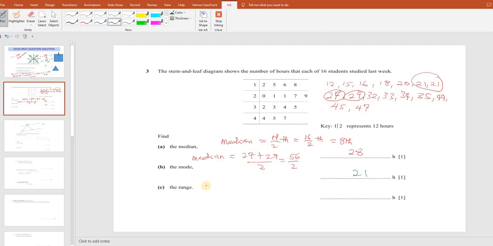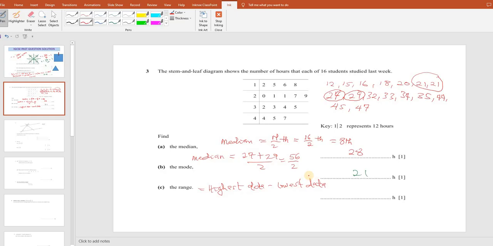Then the range is defined as the highest data minus the lowest data.